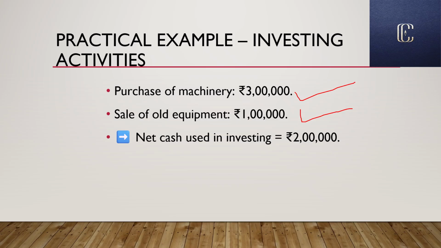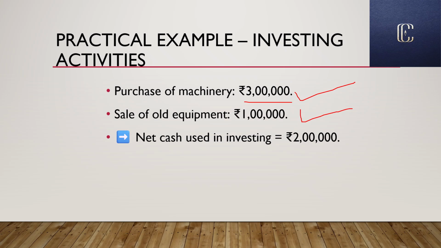Now we should analyze this transaction step by step. Purchase of machinery for 3 lakh rupees is the cash outflow, right? The old equipment sold for 1 lakh rupees means a cash inflow, is it right?